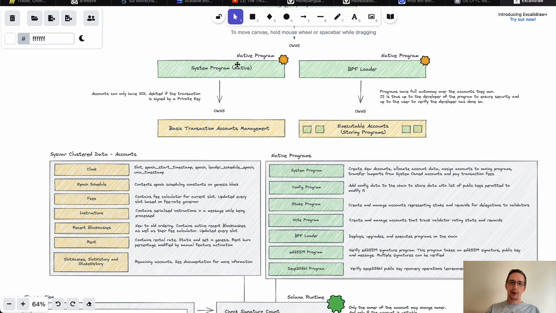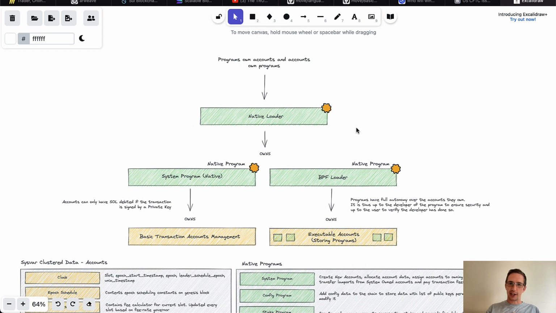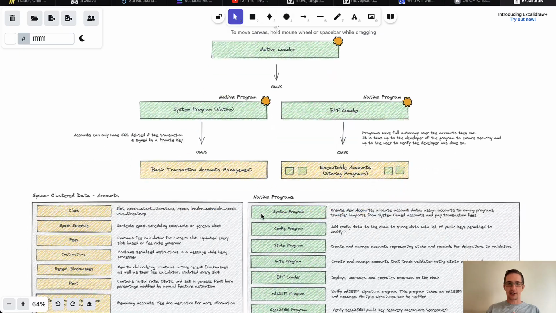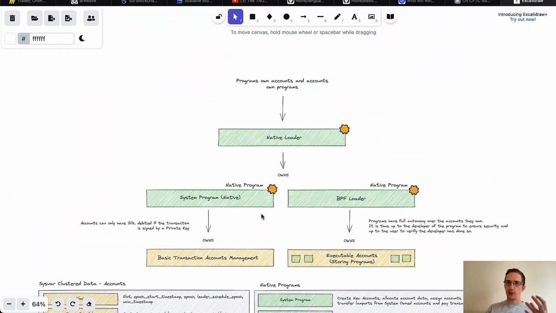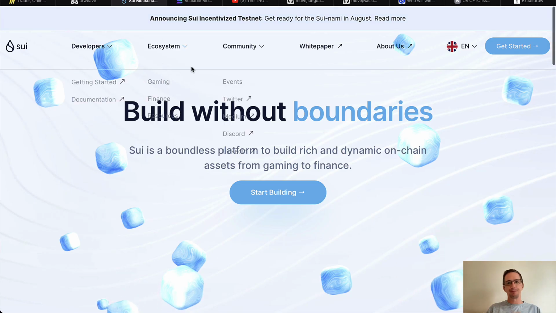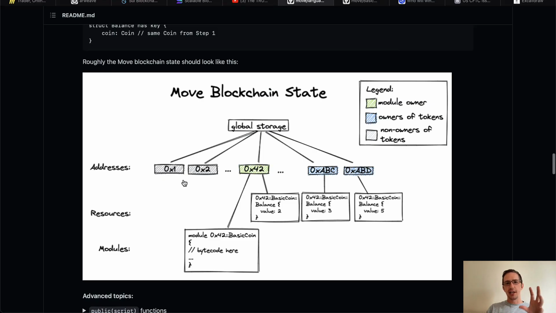In Solana, you have programs, which are smart contracts, these green boxes, and accounts, which are these orange boxes. And programs are in fact also accounts. It's just that they're marked up differently, so they can be run differently, and they have certain permissions, and so on. Going back to this, Solana and Sui are very similar in that they've said, no.